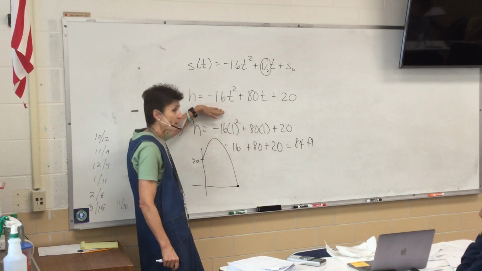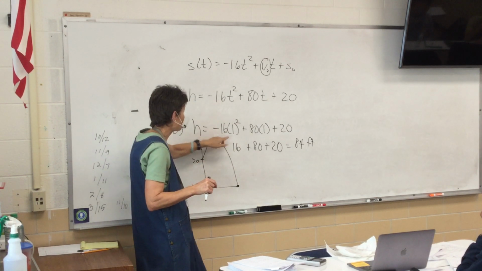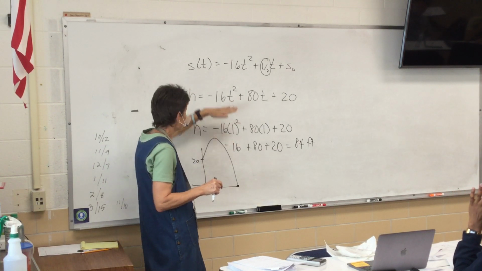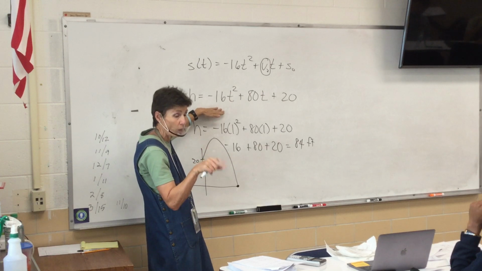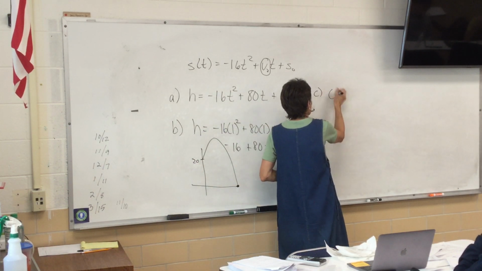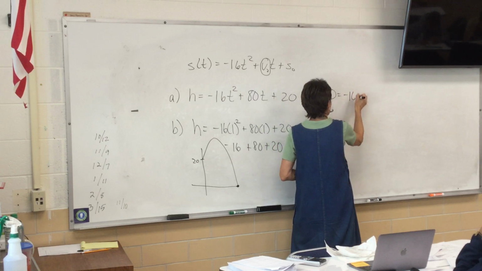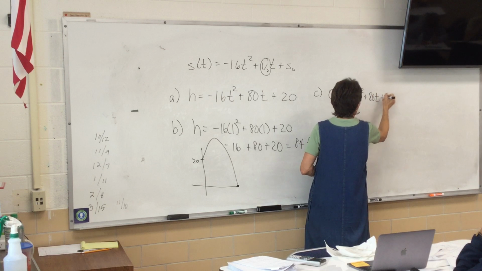So go back to your equation, and you have to plug something in. Just like here, you plugged in 1 for t. What are we plugging in if the ball is on the ground? 0 for h. If the ball is on the ground, then the height is 0.